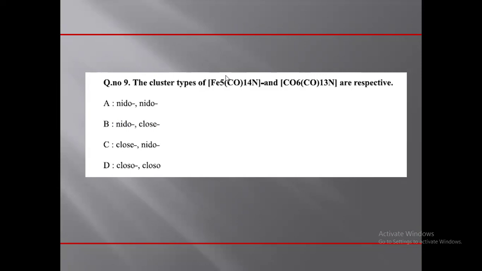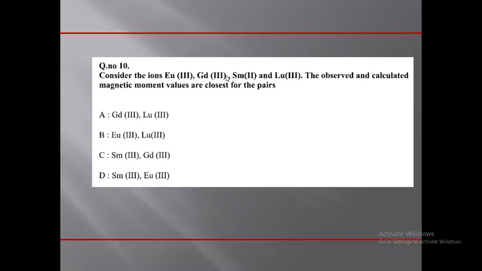We have the formulas: closo BnHn minus 2, nido BnHn plus 2, arachno BnHn plus 6. In a complex molecule you count the total number of metals and use this formula to calculate. For these two complexes, the answer is B, nido closo. The first complex is nido, the second complex is closo.